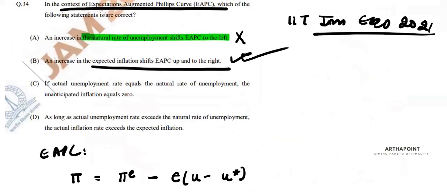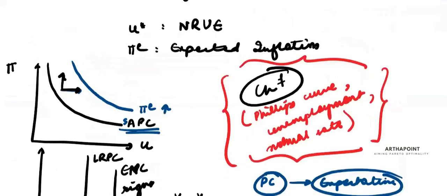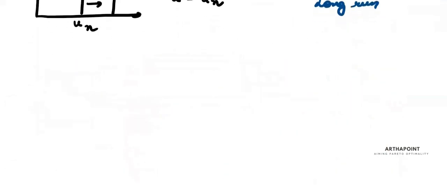This is correct. Actual unemployment rate equals natural rate of unemployment, unanticipated inflation is 0. Now let's go back to the formula. Pi is equal to pi E minus mu, you know, I think we represented it by mu or eta, whatever, this is just a constant, times (U minus U star).